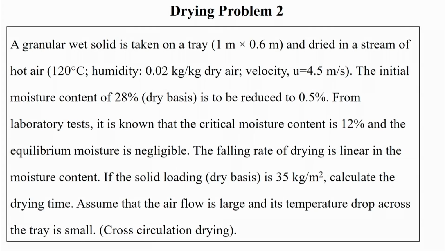Now, we will solve one very simple problem like this. Granular solid is taken on a tray of dimension 1 meter into 0.6 meter and dried in a stream of hot air at 120 degree Celsius and humidity 0.02 kg per kg dry air.